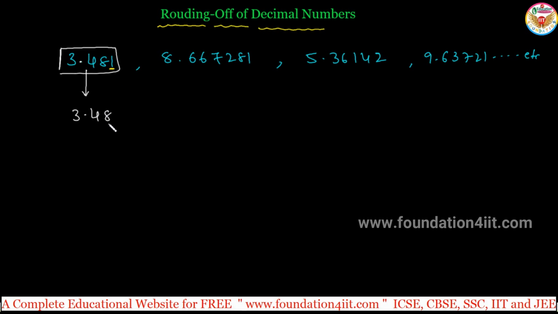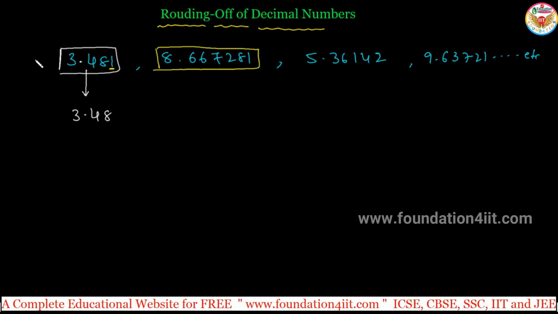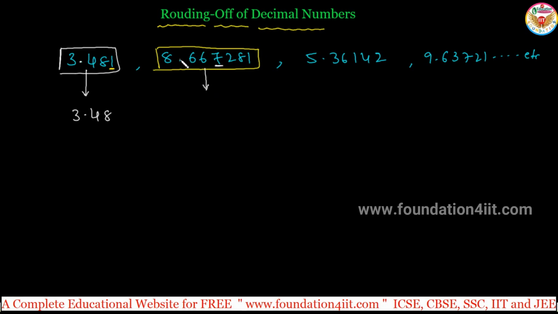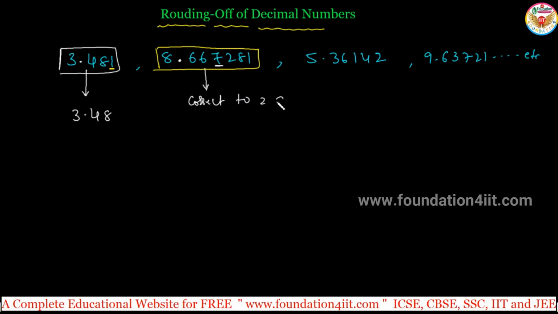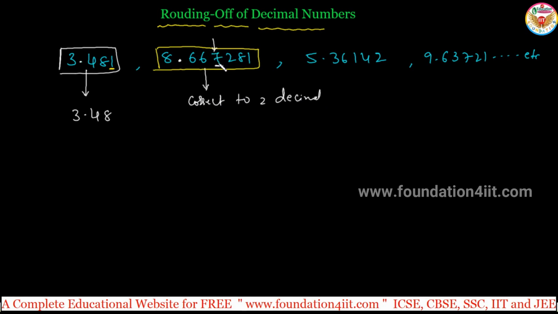So only 3.48. Okay, now this also I am going to correct to two decimal places. If you want two decimal places, third digit you need to check. After the point 1, 2, 3, 4, 5, 6 decimals are there. Now the question is correct to two decimal places. After the point, see the third decimal place is 7.